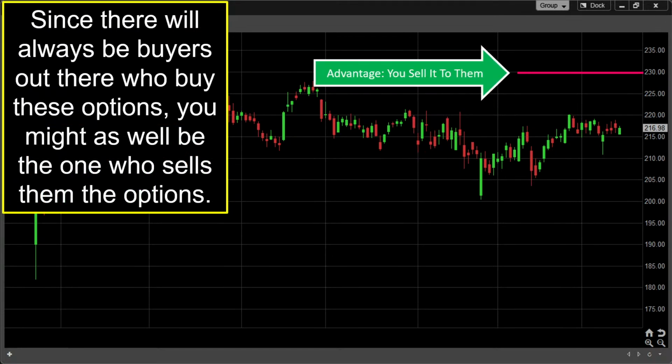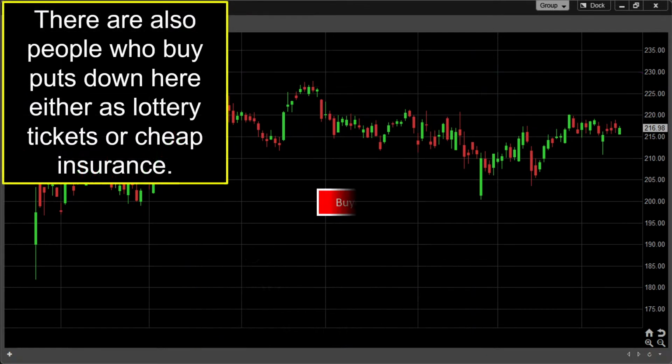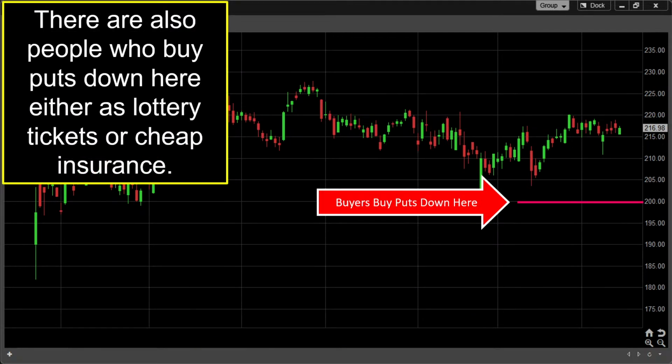And since there's always buyers out there who buy these options with a very small chance of getting hit, you are going to be the one who sells it to them, because their low probability trade gives you a high probability trade. And the same also goes for puts. There's people who buy puts way below the market because they're lottery picks.